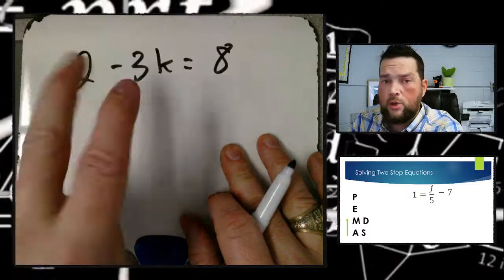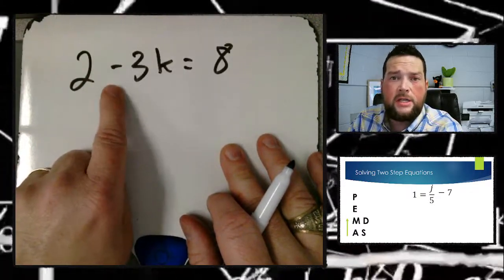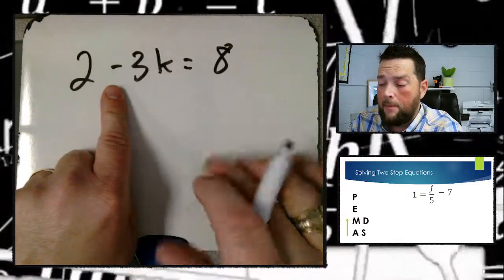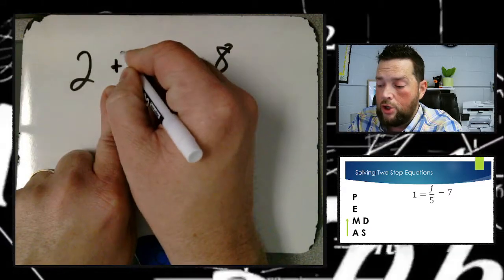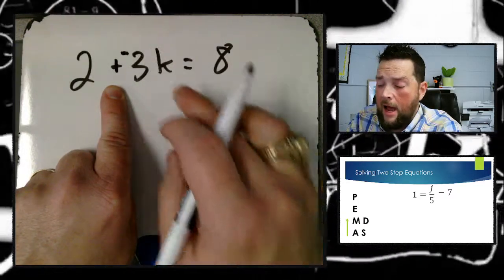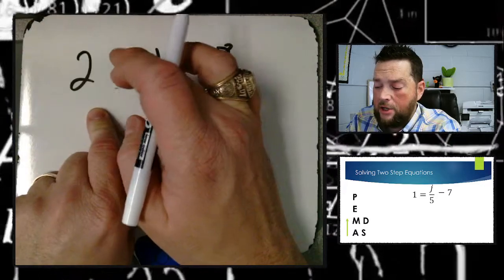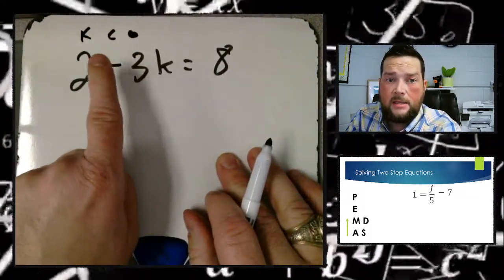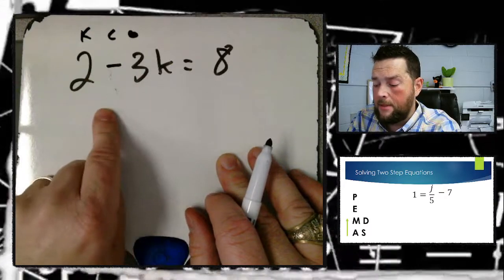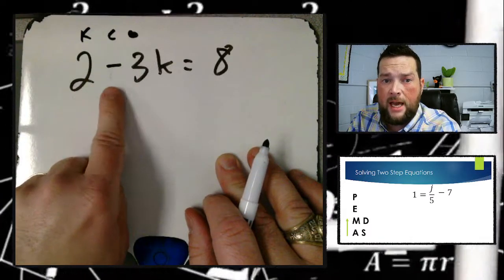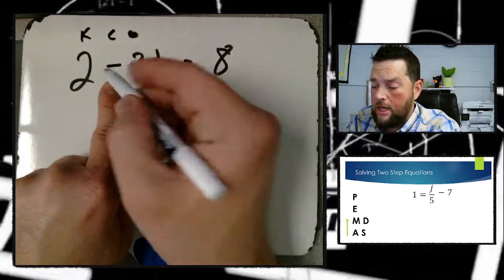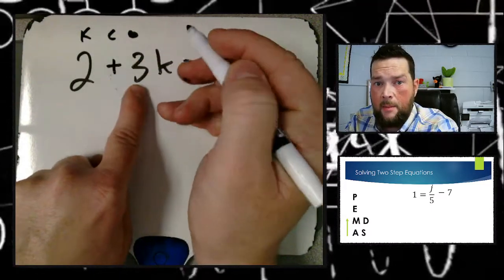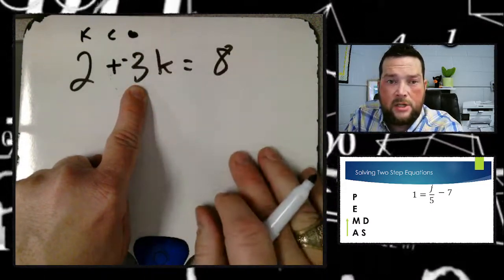So in order to swap these, I need to change this to an addition problem by applying keep, change, opposite. I can make any subtraction problem an addition problem by applying KCO, keep, change, opposite. So we keep the first number the same in front of the subtraction. We change the subtraction to addition, and we make the next number its opposite, just like that.